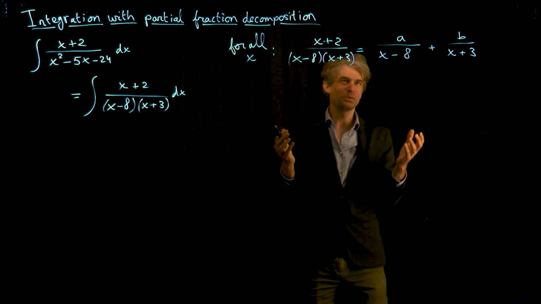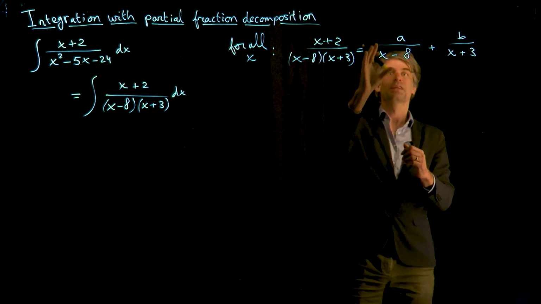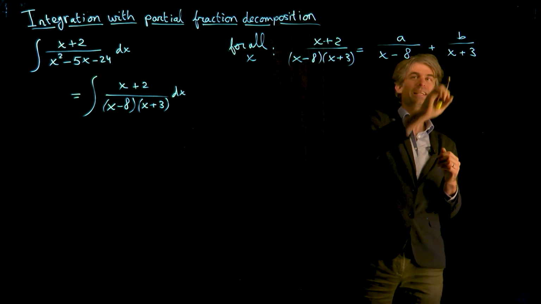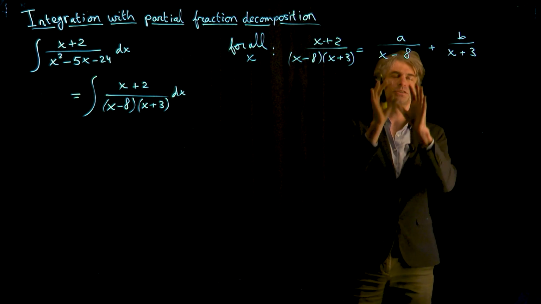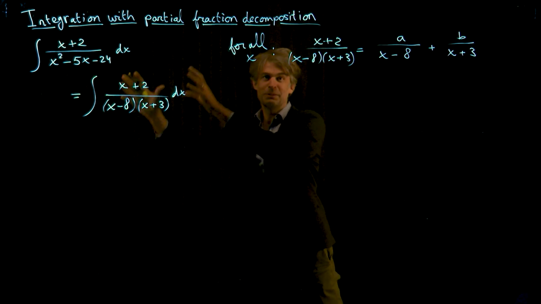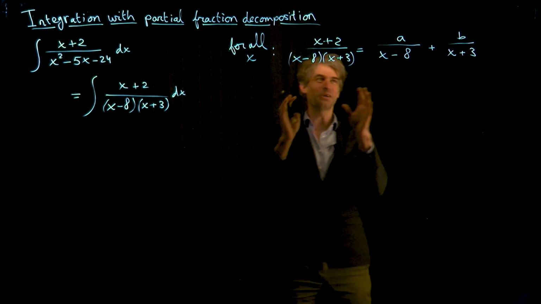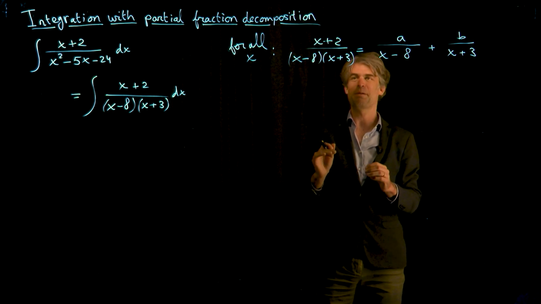By the way, why would you want to do it? Well, once we can split this integrand like that, the integral of each part I can do. It's just ln of x minus 8 times a. So once I have this splitting, life will be a breeze. This is our main problem for now. Once we're done with that, we're going to be very happy.